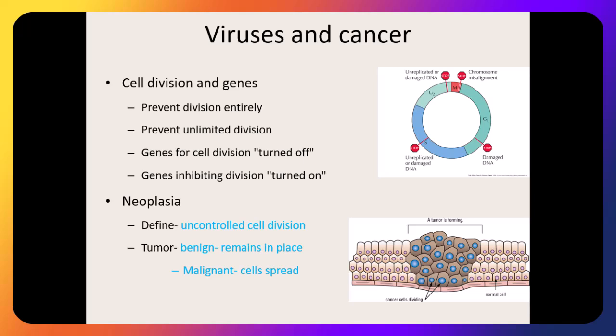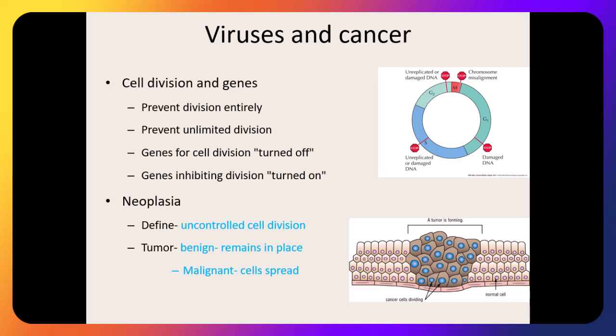Now, in our bodies, to try to prevent cancer, our cells do have checkpoints to try to stop cancer from ever happening. So we've got genes on our cells that can stop cell division altogether. And we can activate those genes and say, okay, there's something going on, we just need to stop cell division, ultimately stopping those cells in their tracks.